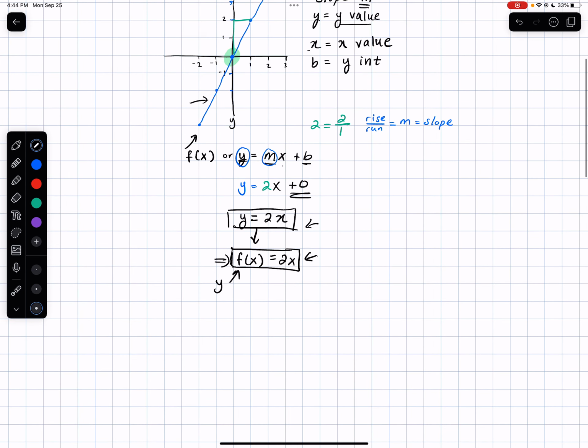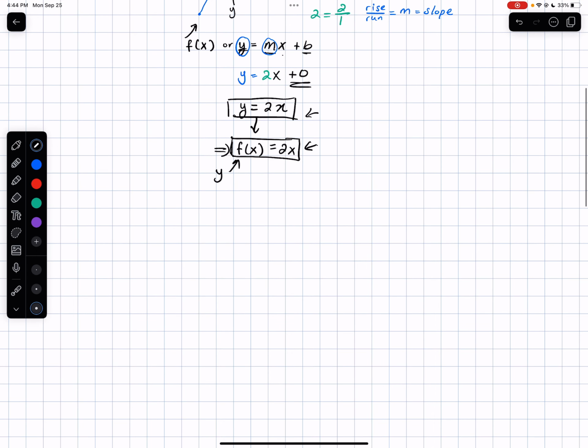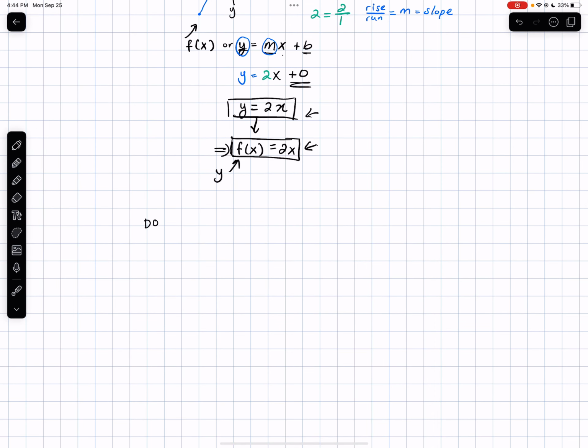So going on to domains. Your domain is basically a set of x values. And then your range is a set of y values. Great.